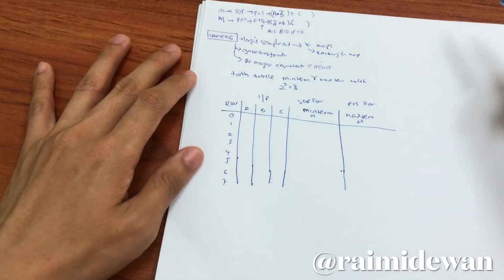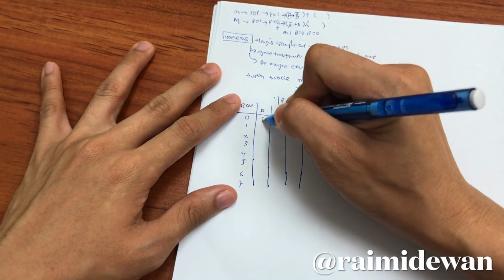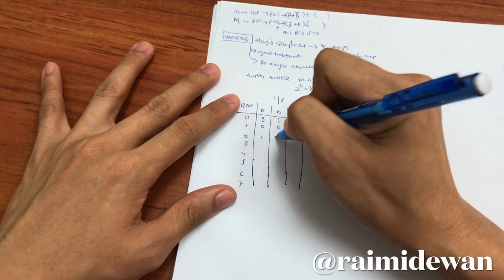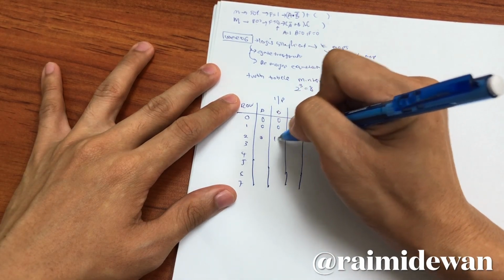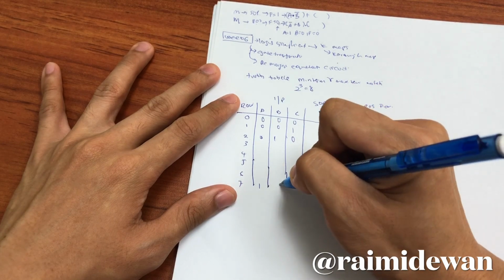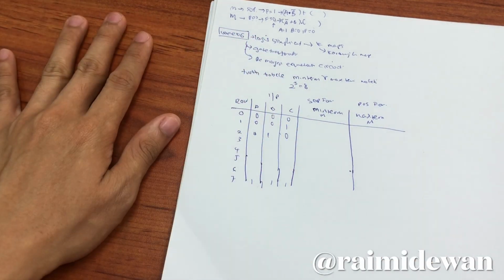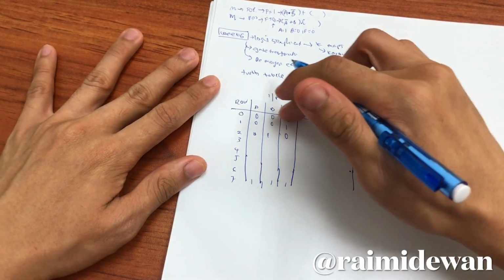Okay, now let's say you have your input here, you know that it is 0, 0, 0, then 0, 0, 1, until 0, 1, 0, until you have the last value which is 1, 1, 1. Okay, these are the possible combinations. Now how are we going to write the min-term here?